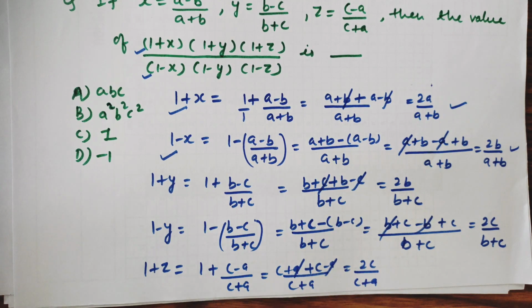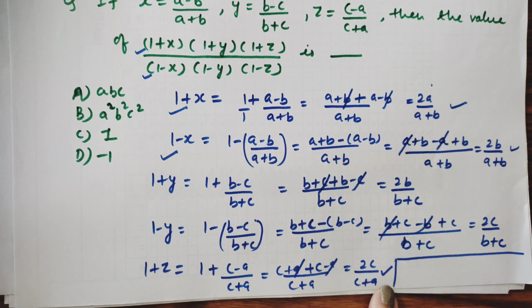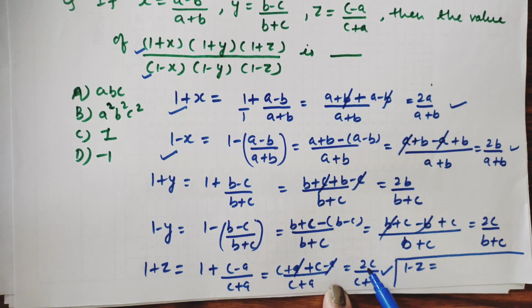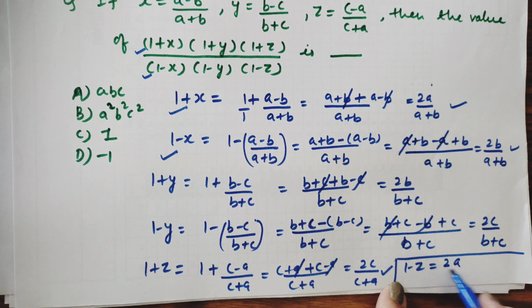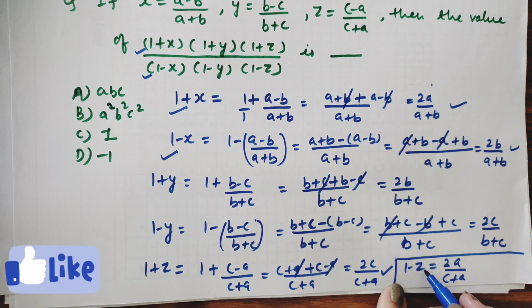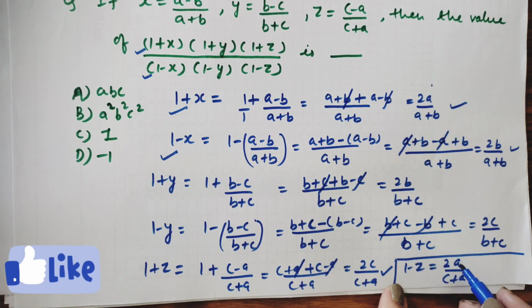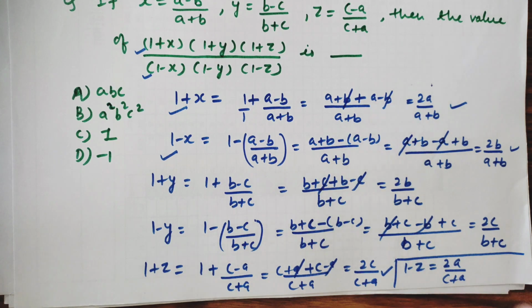Now 1 minus z: if 1 plus z has numerator 2c, then obviously 1 minus z has numerator 2a, and the denominator is the same, c plus a. If you find 1 minus z, you get again 2a upon (c plus a).